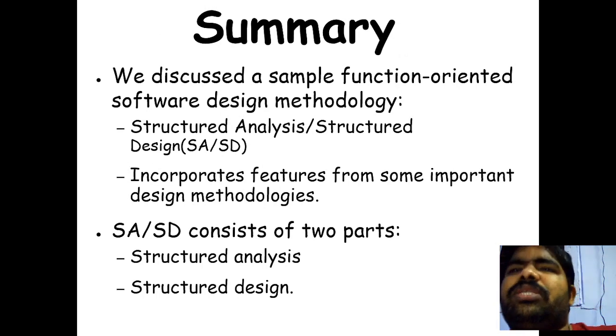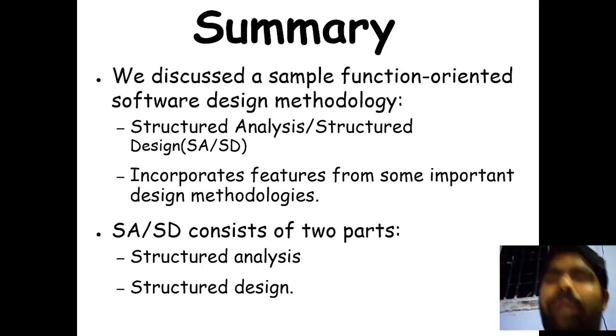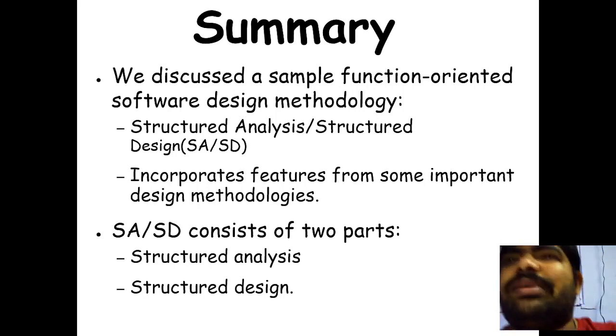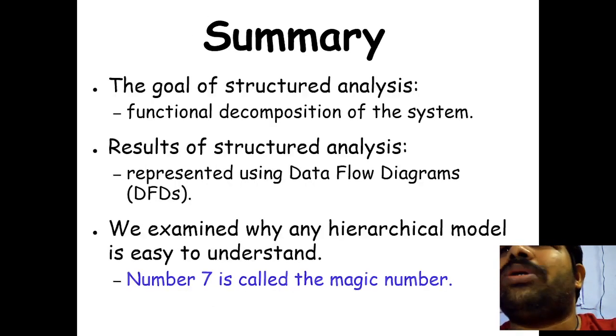Now this is the end of function oriented design. What we have discussed with function oriented design is structured analysis and structured design. This has two parts: functional decomposition and modular structuring.